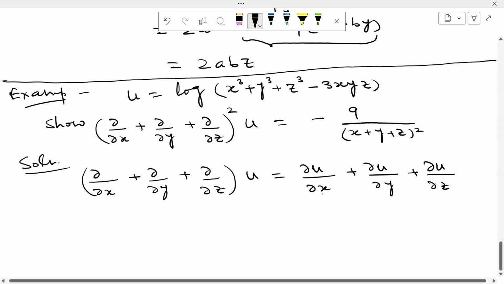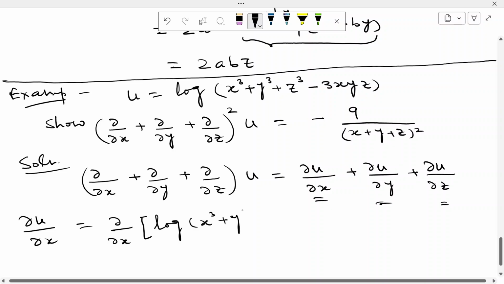So we find these three partial derivatives one by one. First del u over del x, that will be del over del x of u, where the expression of u is log of x cube plus y cube plus z cube minus 3xyz.